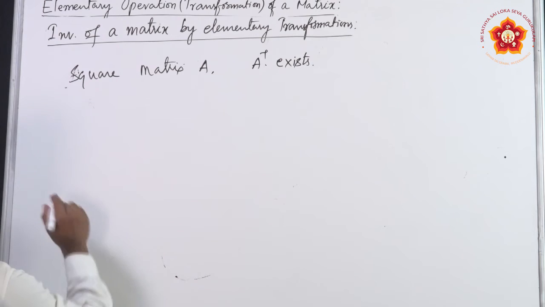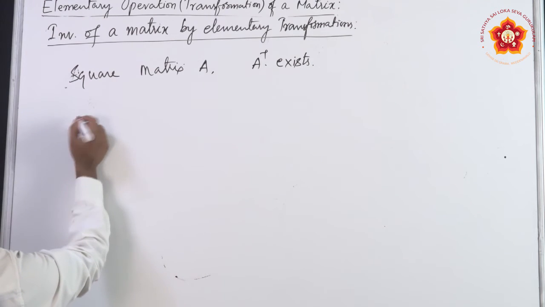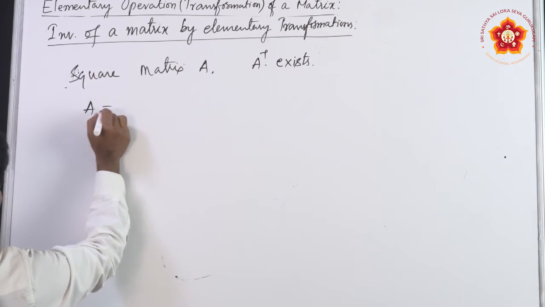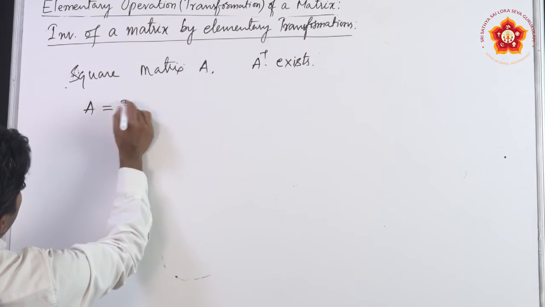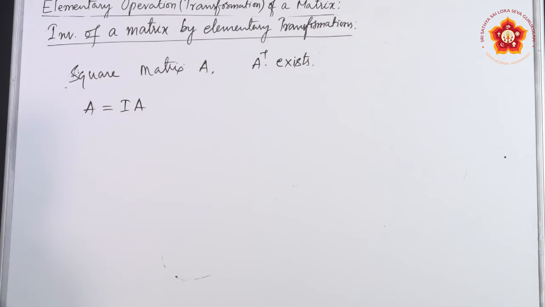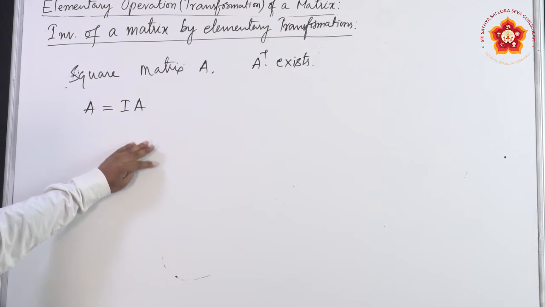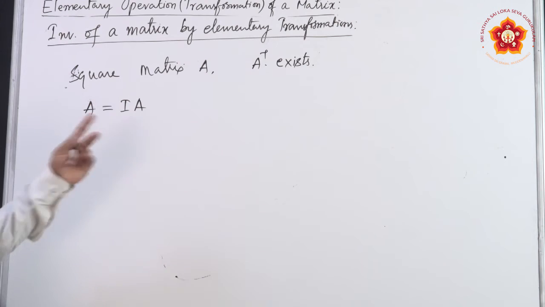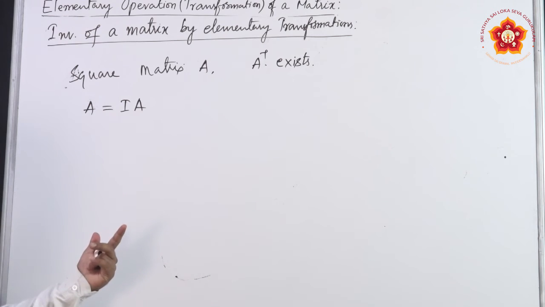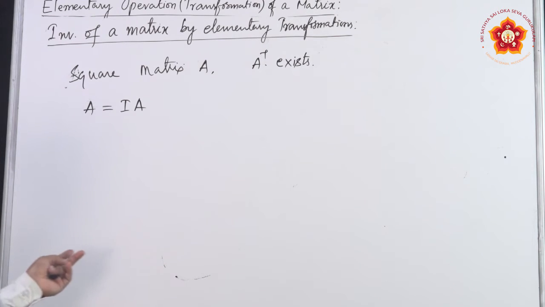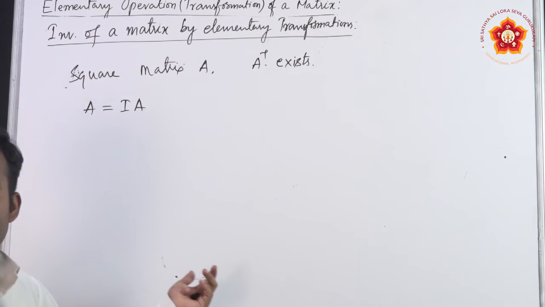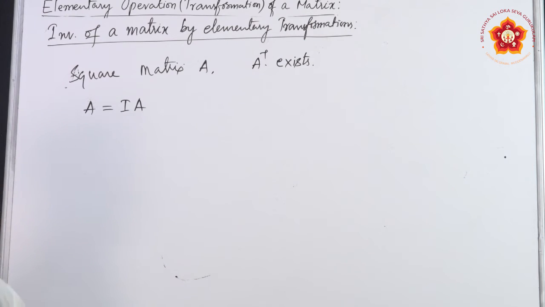First let us explain row transformation. I will write the square matrix A as I times A. For any matrix I am going to write like this, then I am going to apply a sequence of row transformations.